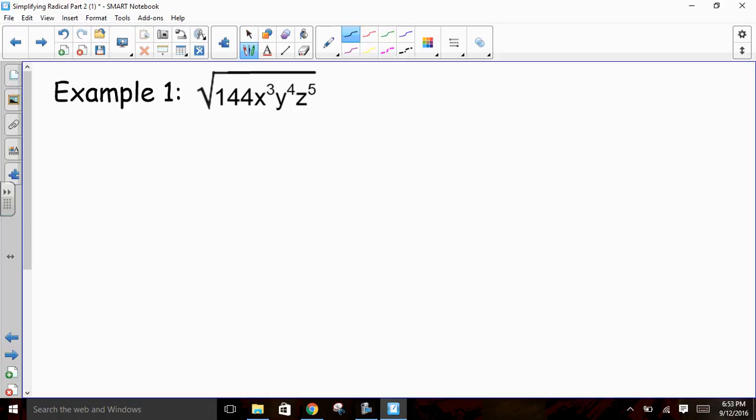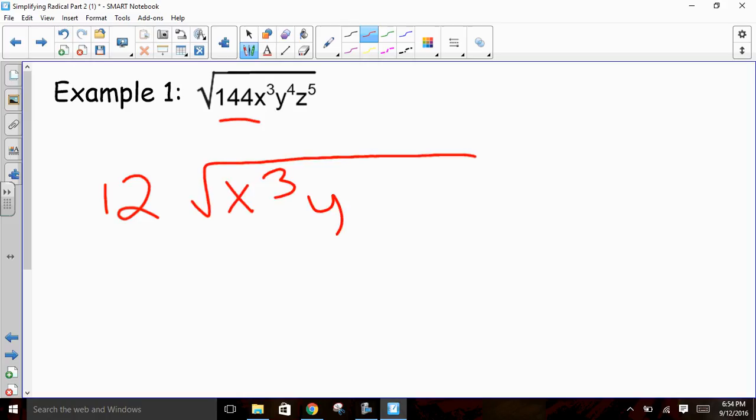Okay, so first example. I have the square root of 144 x cubed y to the 4th z to the 5th. So first steps first, take a look at my 144. Is that perfect? Yep, so I get 12. I'm going to approach this one step at a time. So I have x cubed, y to the 4th, z to the 5th, still under that square root.